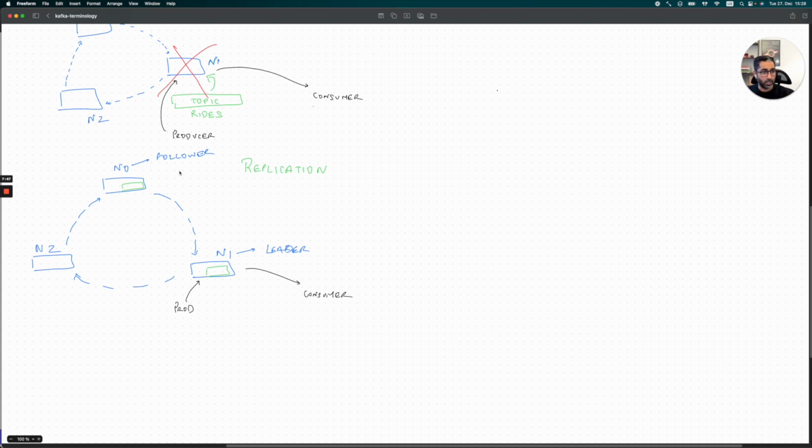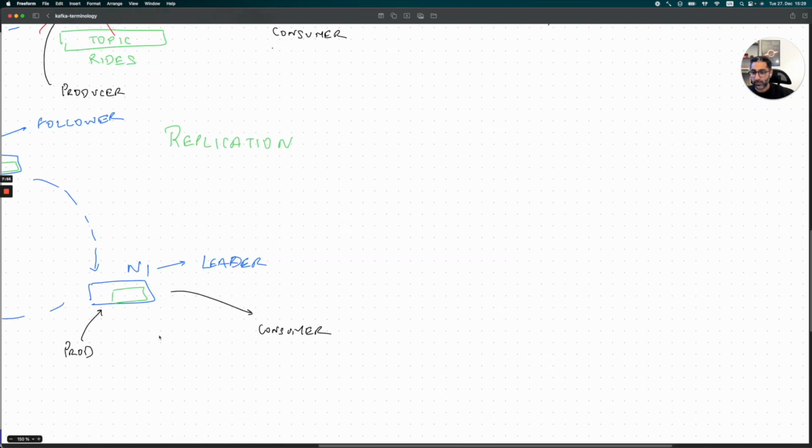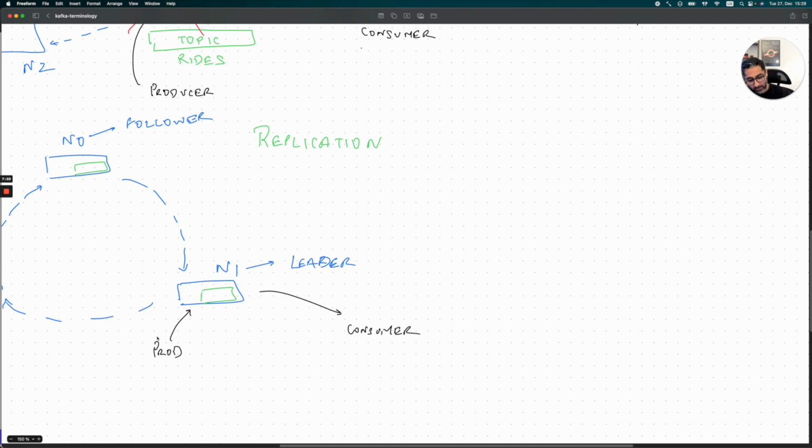Whenever a producer produces a message to node 1, node 1 will basically write the message in the logs itself, and this message will then be duplicated to node 0. And the consumers will basically keep consuming from node 1.